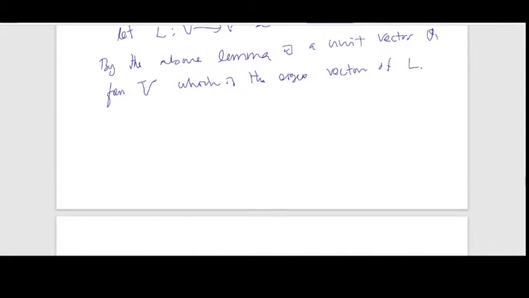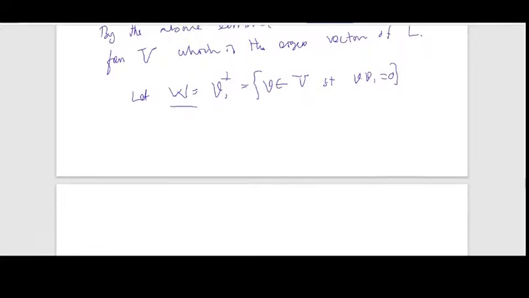Okay, now let capital W equal to v1 orthogonal. This is the set of all v in capital V such that v dot v1 equal to 0. So we have W as such a set.